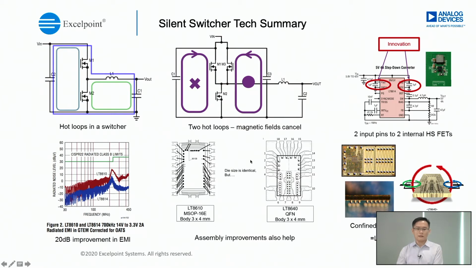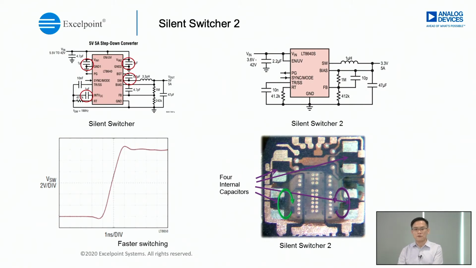And besides that, the assembly has also been improved. As you can see from here, it no longer uses bonding wire, but we are using flip chip. So with this difference, you can see here the EMI is much lower. And now we also have a new Silent Switcher 3 technology. In the past, for the first generation of Silent Switcher, you needed to be very careful about the placement of your input capacitor.